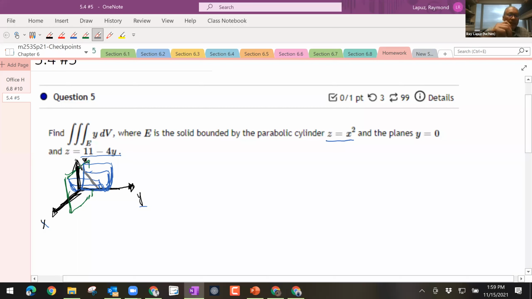And as it goes down that way, it gets swept along the x direction. So we can imagine a tilted plane happening here. It looks quite confusing for sure, but it looks like it'll intersect up here somewhere, and we have the y equals 0 plane covering it.